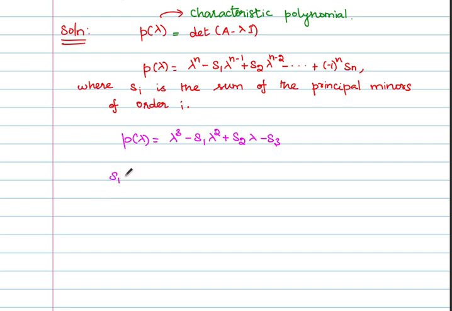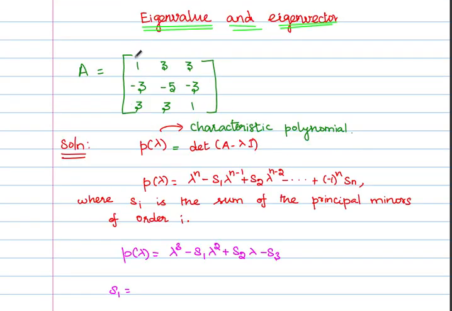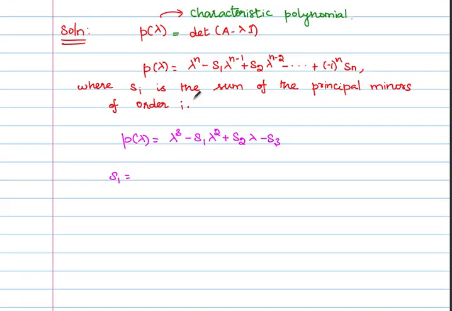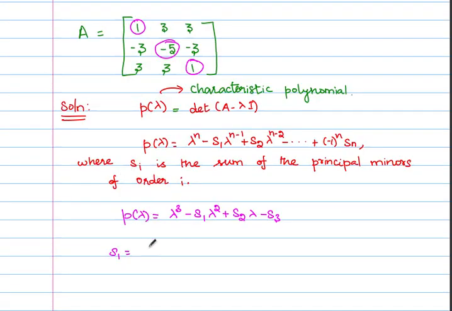S1 means the sum of the principal minors of order 1, which are 1, minus 5 and 1. So S1 is 1 minus 5 plus 1, equal to minus 3.